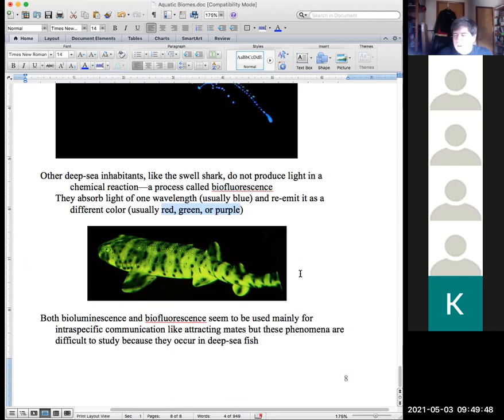Now, you might wonder why organisms would do this. And basically, lighting up one way or another seems to be mostly communication. If you're down in total darkness, one thing that's difficult to do is attract a mate. So this is one way to attract a mate.